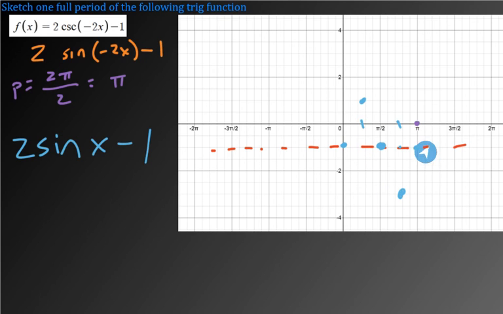So that graph is basically what 2 sine x minus 1 looks like, but we have a negative in there.